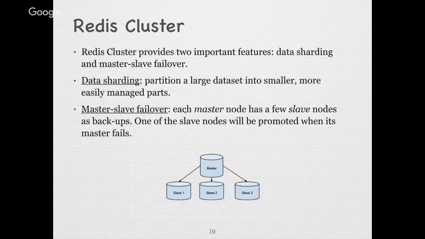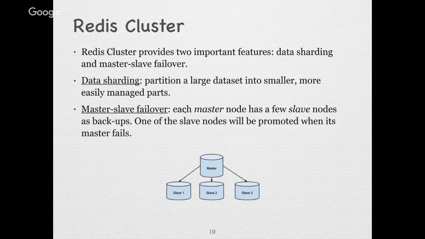Redis cluster provides two very important features. One of them is called data sharding. Data sharding is another name for horizontal partitioning. It partitions a very large dataset into smaller parts, which are easier for us to manage. Another key feature is master-slave failover. Each master node has a few slave nodes.